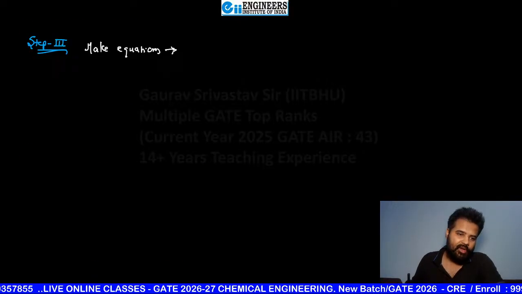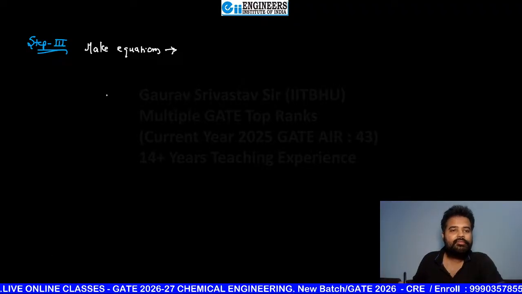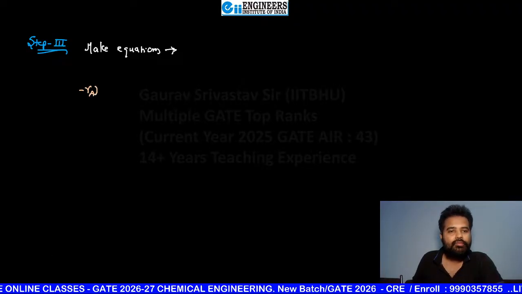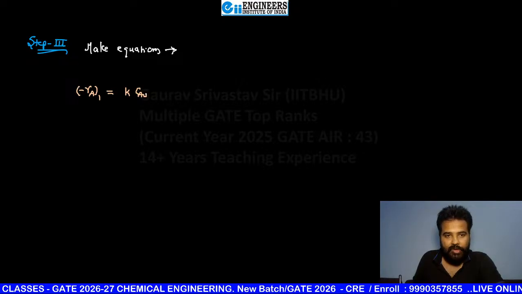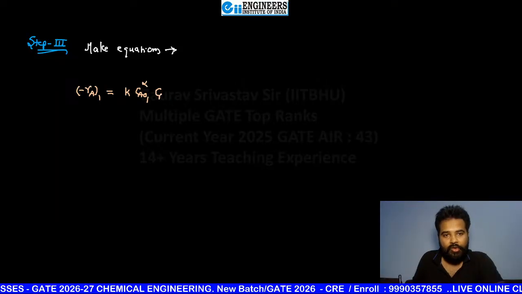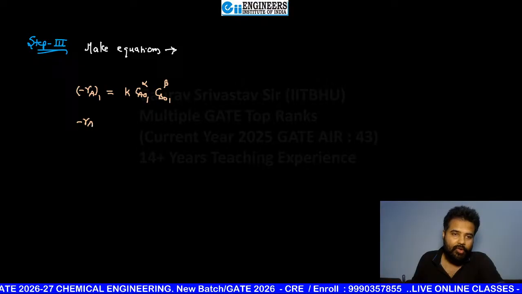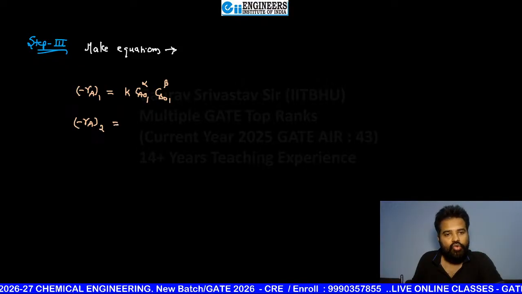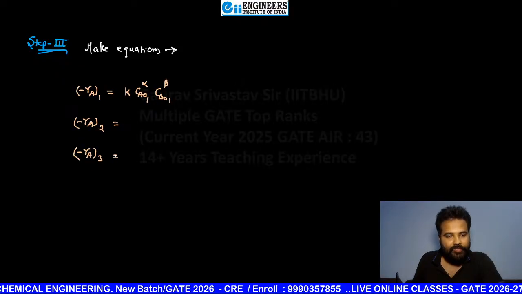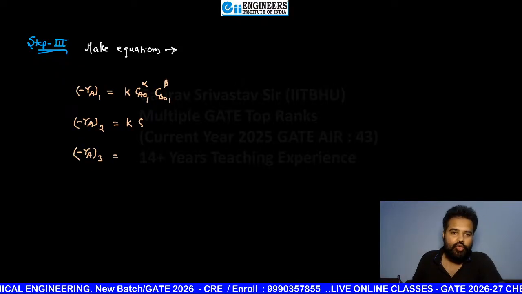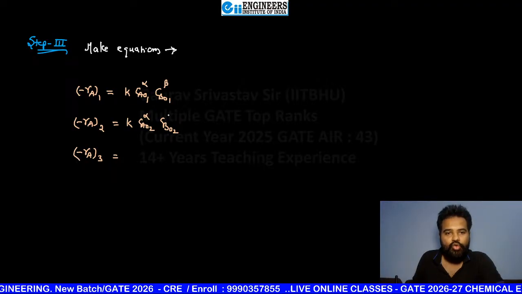So the equations are: minus RA1 equals K CA naught 1 raised to power alpha CB naught 1 raised to power beta. RA2, similarly my dear students, for RA3. So RA2 you got when CA naught 2 was used and when CB naught 2 was used.